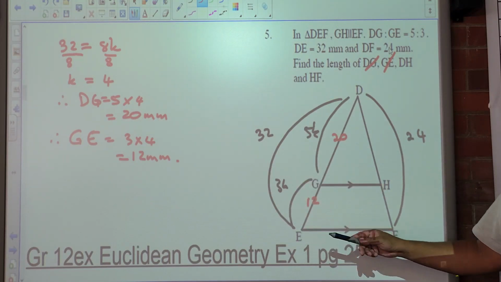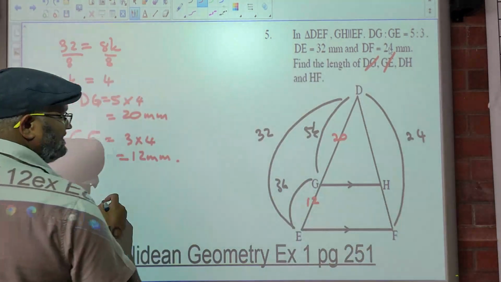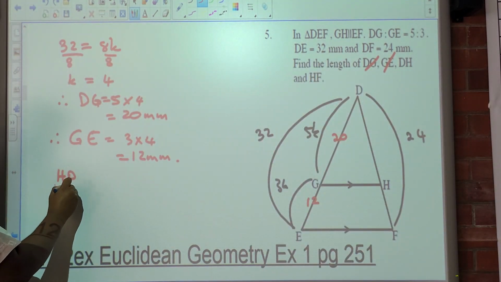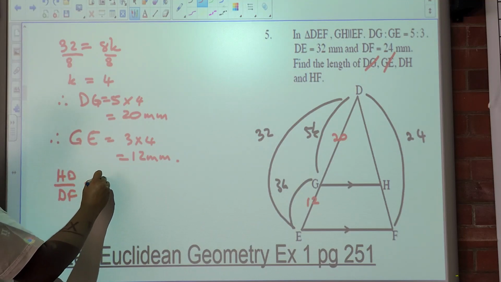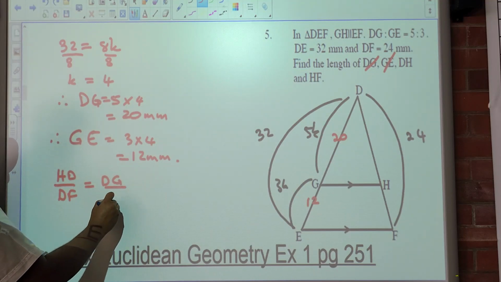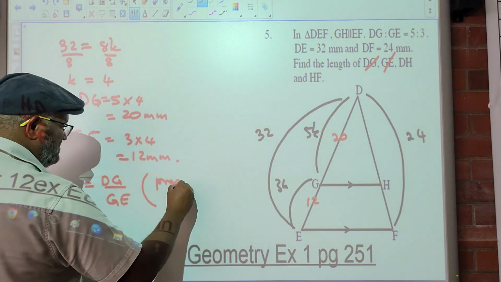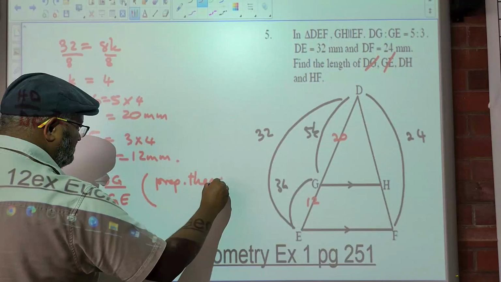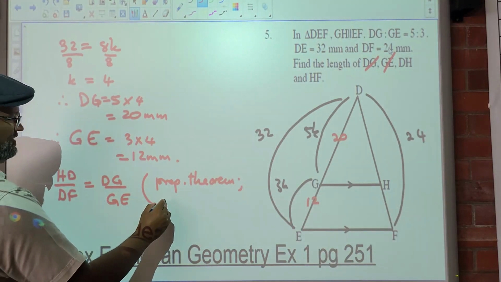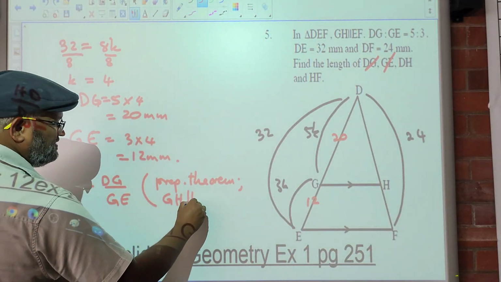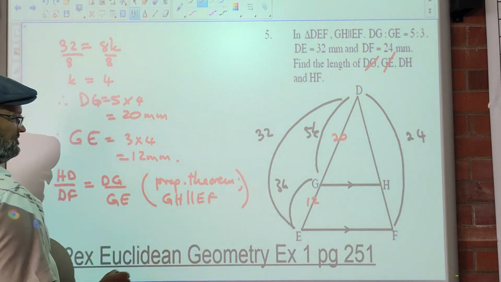So it's going to be DH over DF is equal to DG over DE. Why? The proportionality theorem, with GH being parallel to EF.